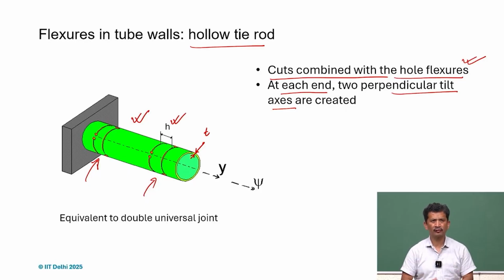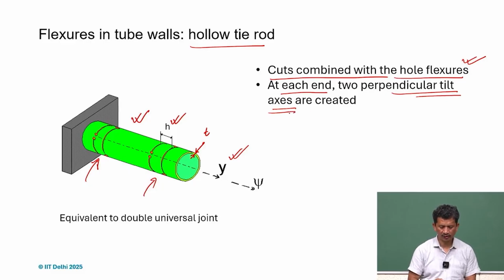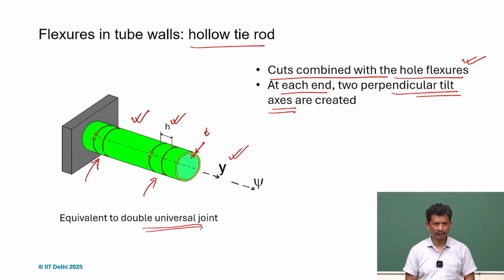If the y axis is the longitudinal axis, or the center line of the tube, then xz is the plane. We can create different kinds of flexures, and here if you create two perpendicular tilt axes on either end, we actually create double universal joints.